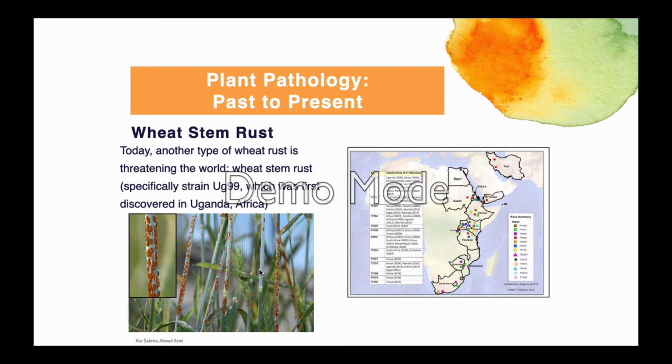Because of import and export, sometimes people do not realize that they are transporting diseased wheat, diseased grain. When farmers use the diseased grain and cultivate it, you will have one plot with a new disease.